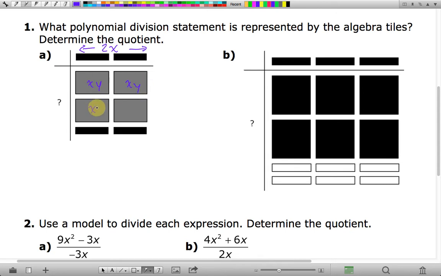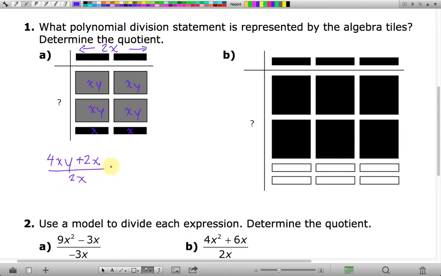We have 4 of them. And we have 2 other x tiles here. So basically it looks like the division that we're doing is 4xy plus 2x that is being divided by 2x.